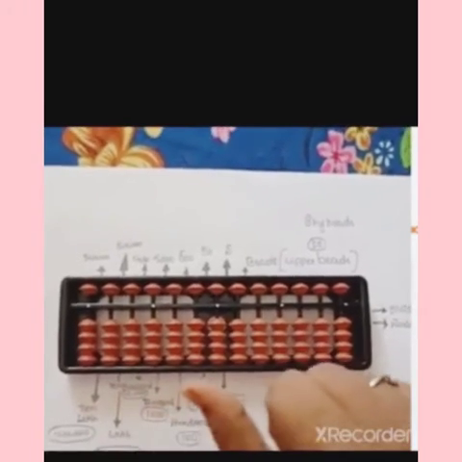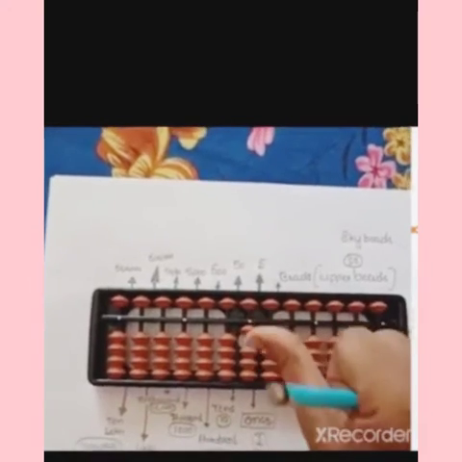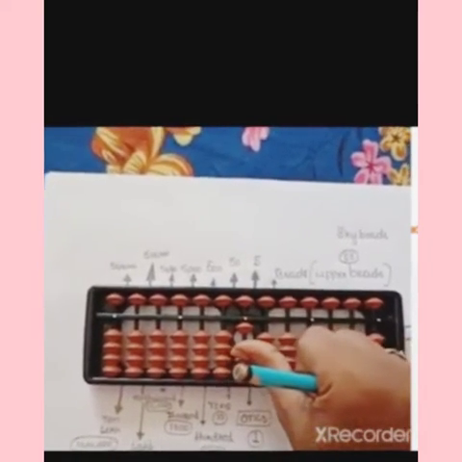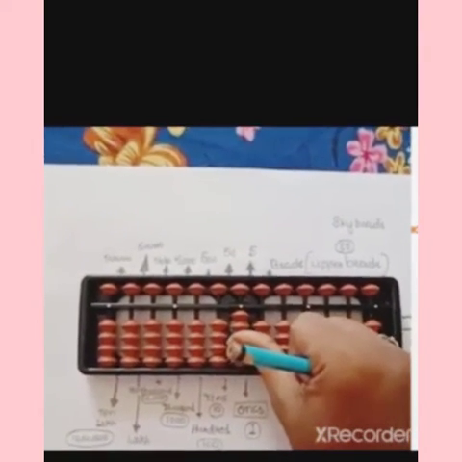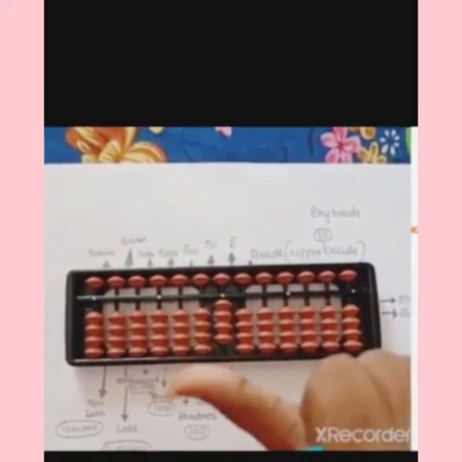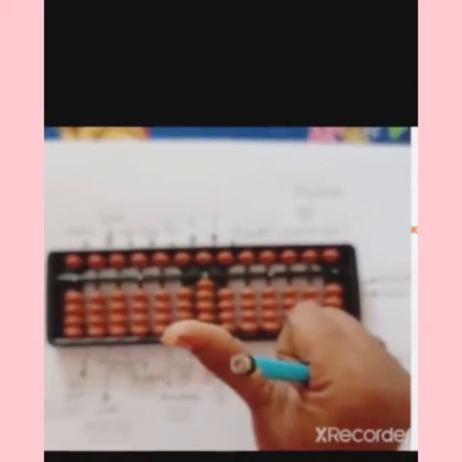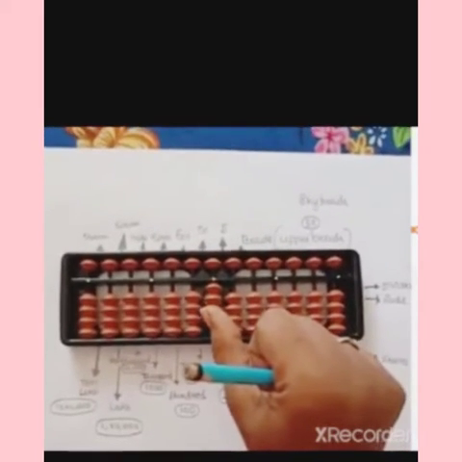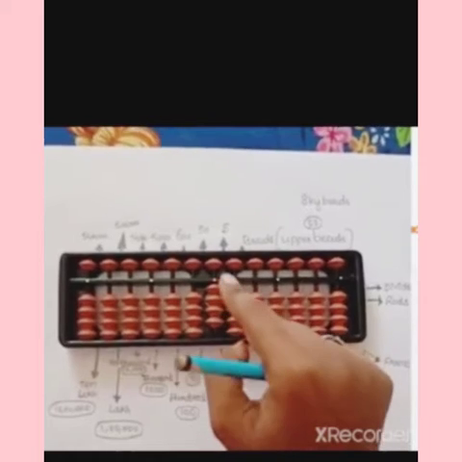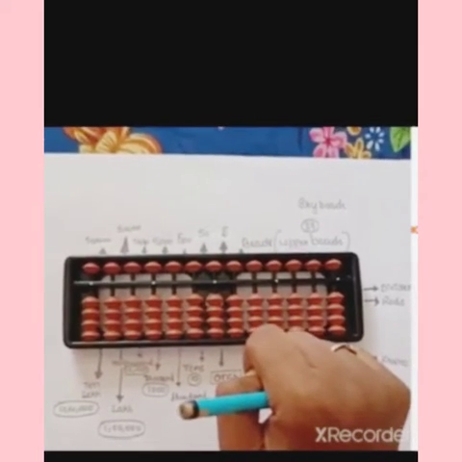I will show you. These are the 1, 2, 3, 4. Okay, I used the thumb finger here to count the numbers, and to reduce the beads I am going to use the index finger here.